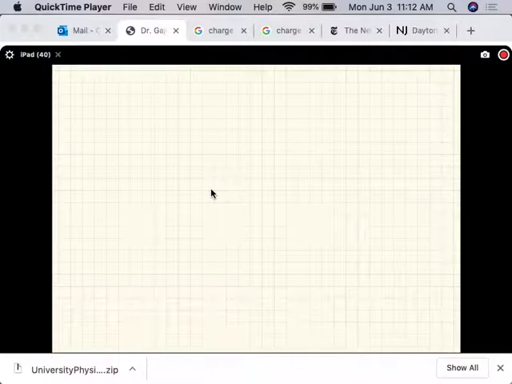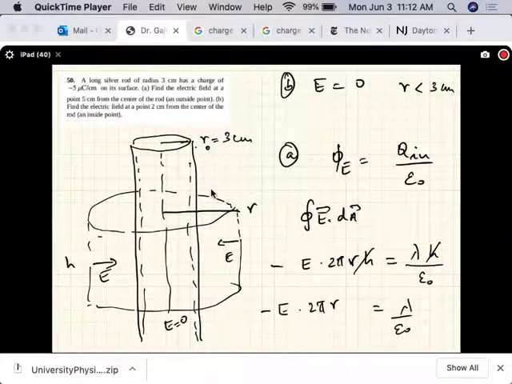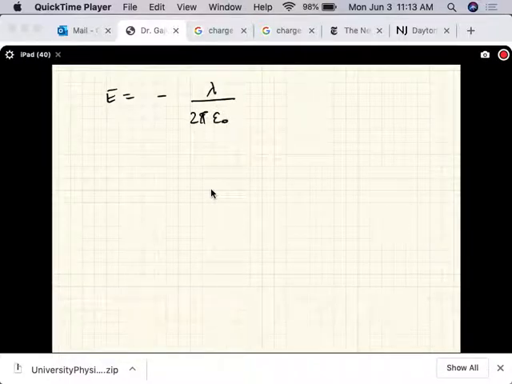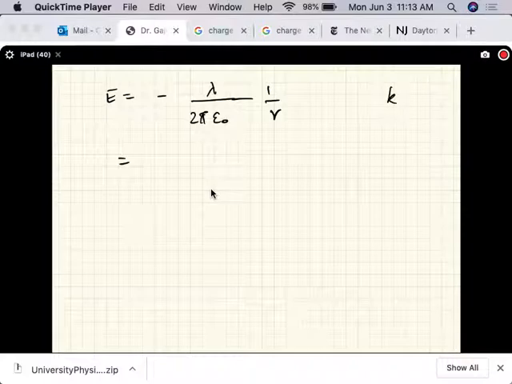And so the electric field is minus lambda over 2 pi epsilon naught times 1 over R. And K, the Coulomb constant, is 1 over 4 pi epsilon naught.